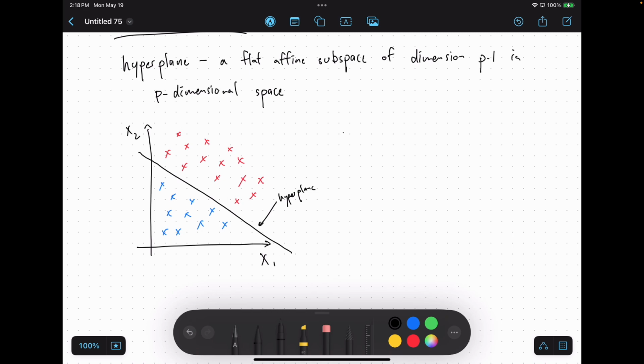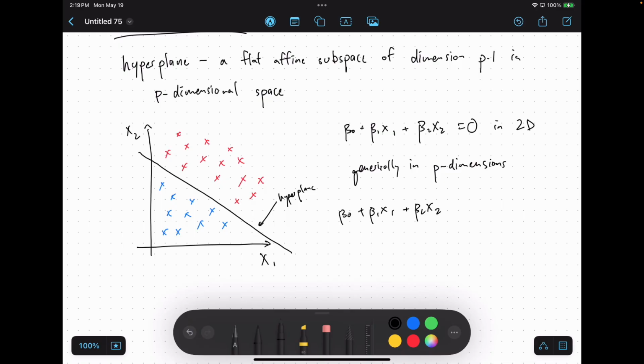So in 2 dimensions, you might have something like this that defines the hyperplane: beta 0 plus beta 1 x1 plus beta 2 x2 equals 0 in 2D. And then more generically, in p dimensions, we might have something that looks like this: beta 0 plus beta 1 x1 plus beta 2 x2, and so on and so forth, up to beta p xp equals 0.